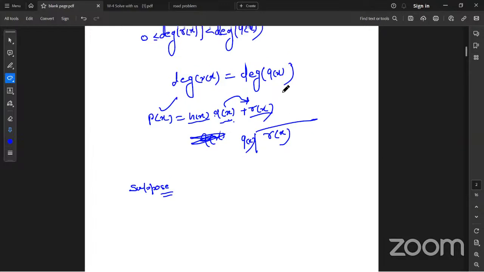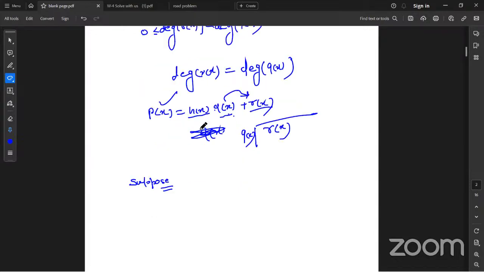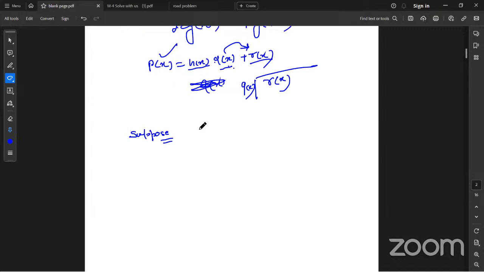There is some reason, that is why I am saying it. Because questions are easy, but if you don't know the concept, then how will you proceed further? I am trying to explain to you why it is.